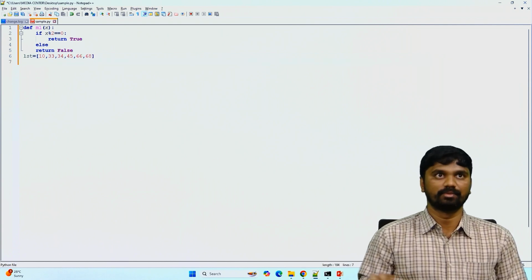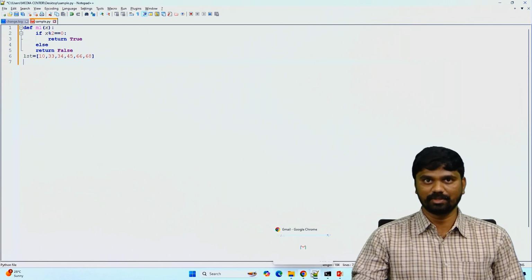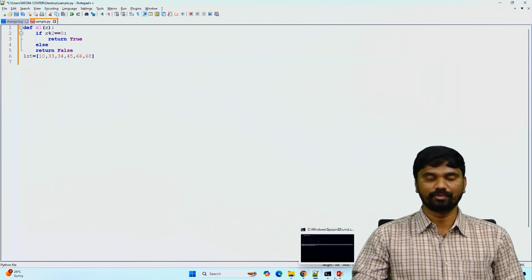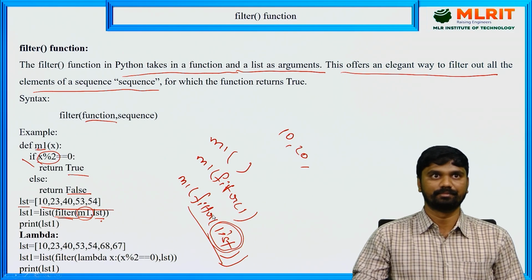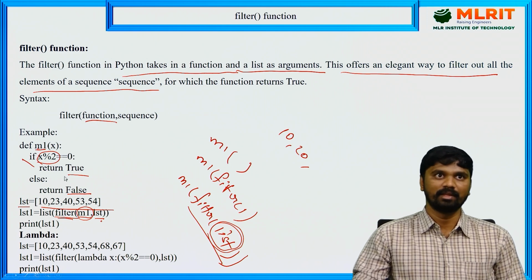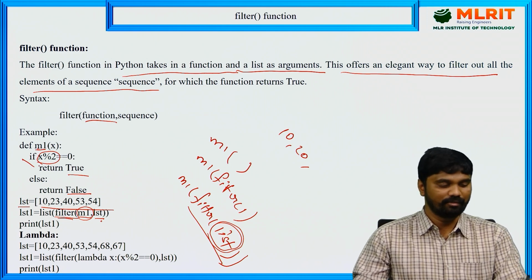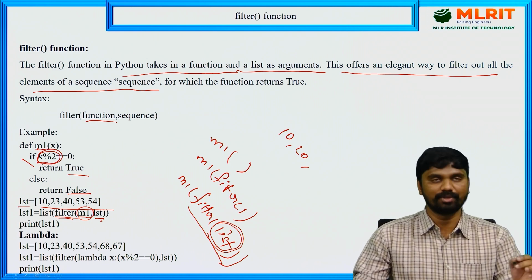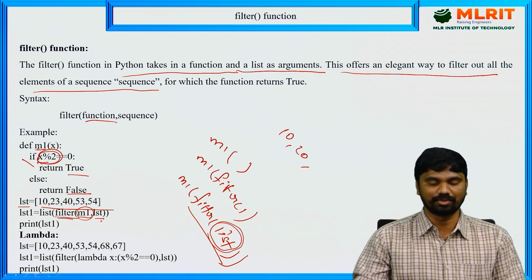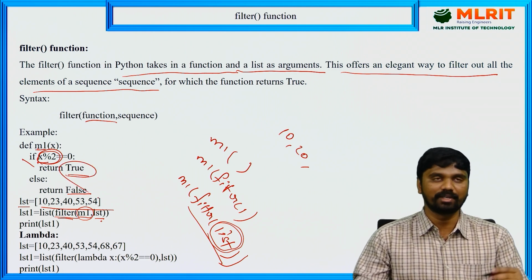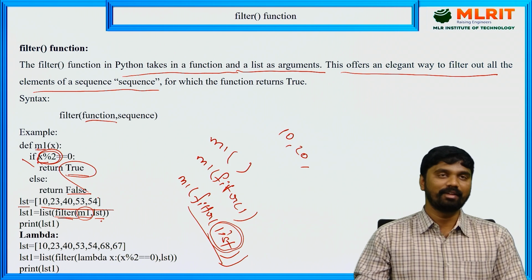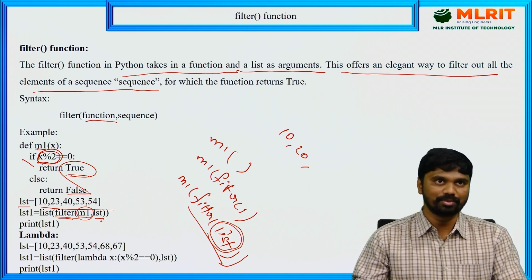Now see, here also it is the same example. Whenever x is divisible by 2 and the remainder is 0, the condition is true and it returns true.